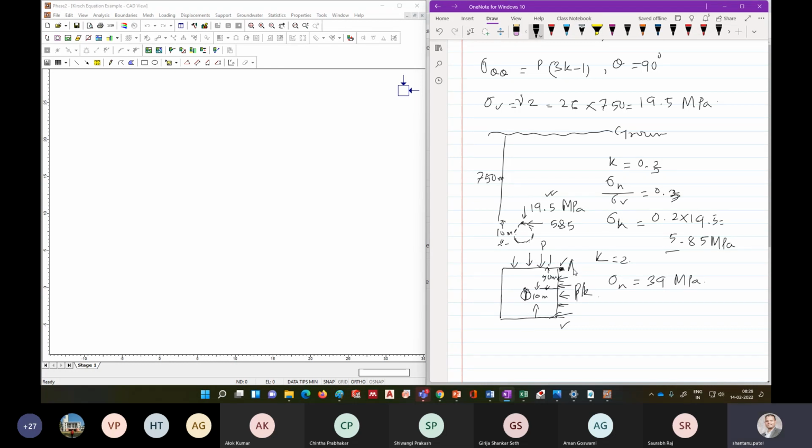Let's say at point A, what is my sigma V? Will it be more than 19.5, or less than 19.5, or equal to 19.5? Can anybody tell me?